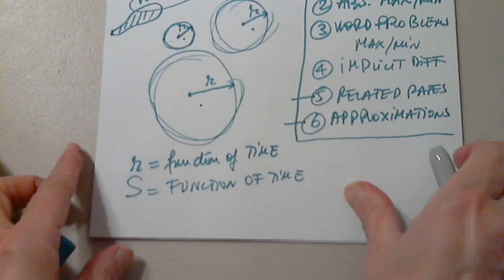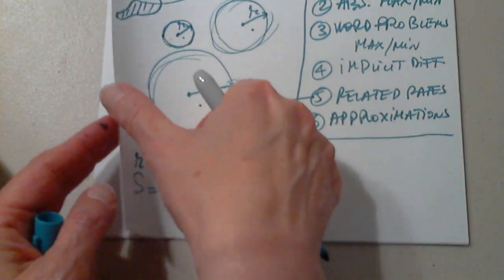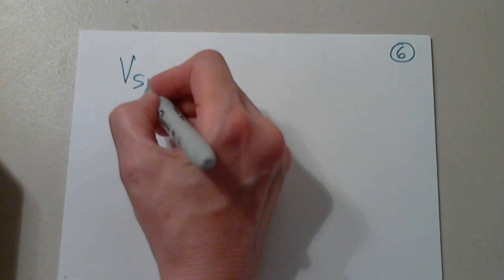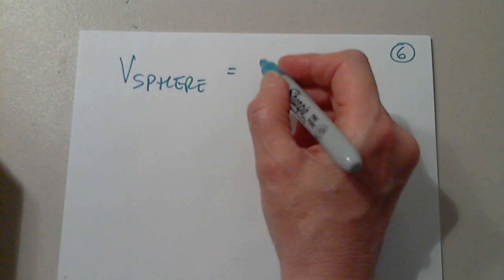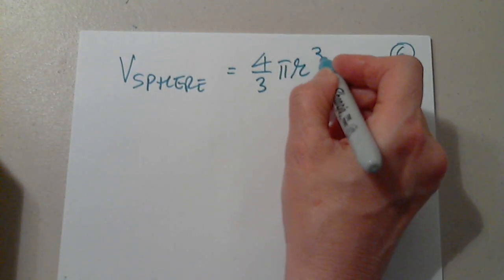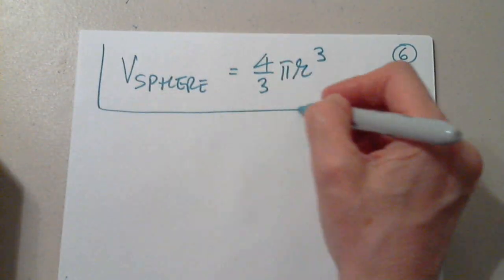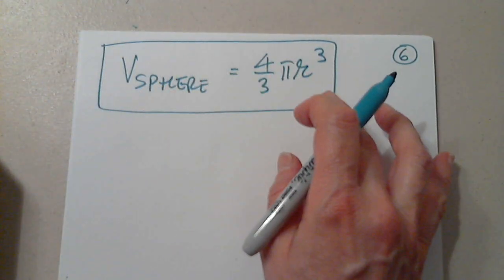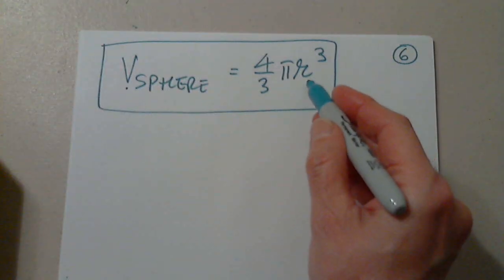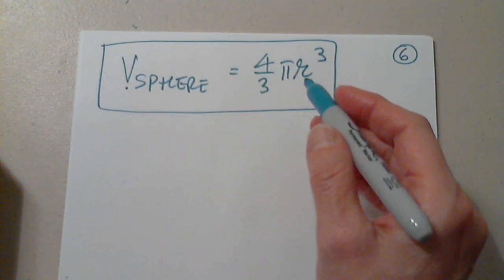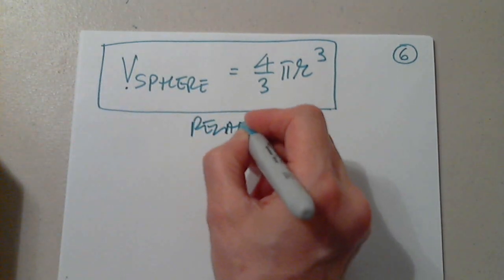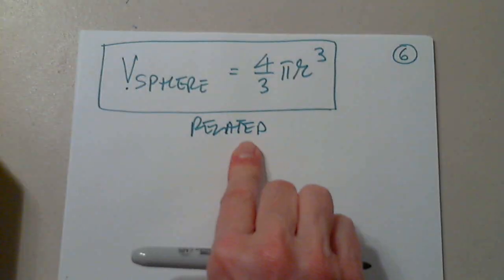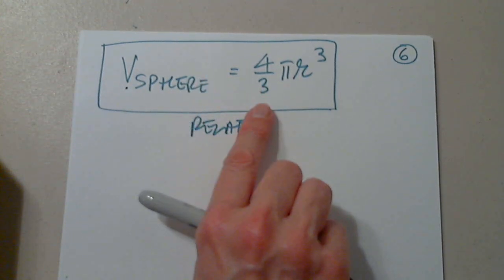Because the volume of a sphere, and I'll give you the formula, this is my page coming up 6, the volume of a sphere is 4/3 pi r cubed. So this is the relationship between two functions of time. This is a function, this is a function. They are both functions of time. So they are related. These two functions are related by this equation.